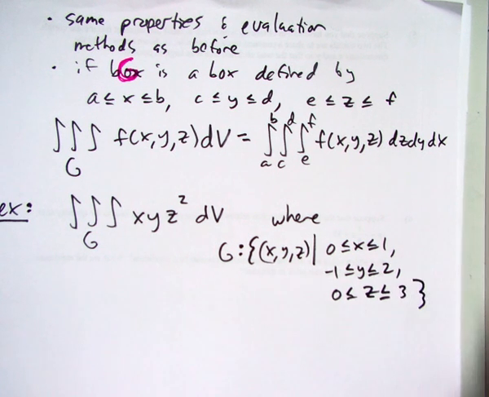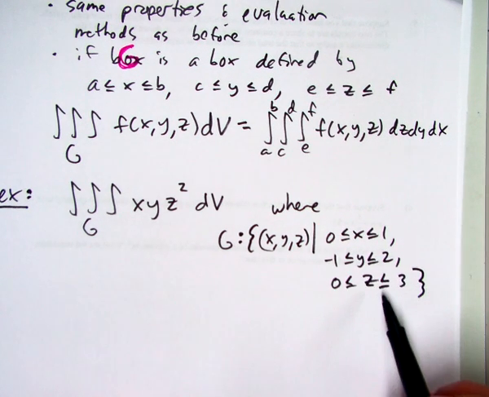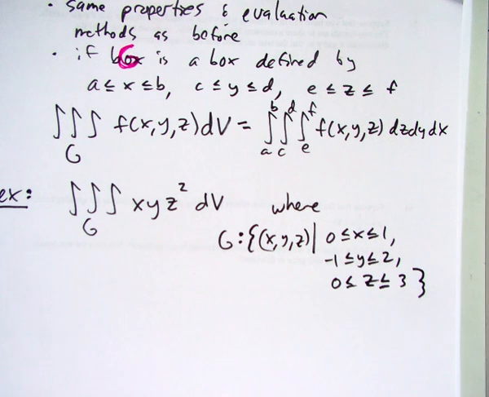So here's our set notation for our bounds on x, y, and z.